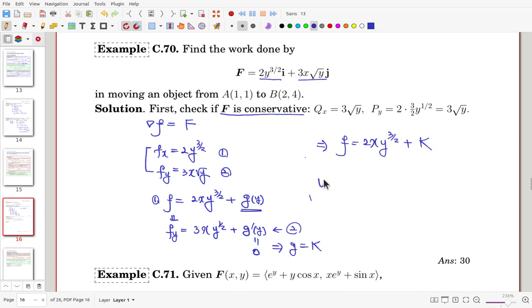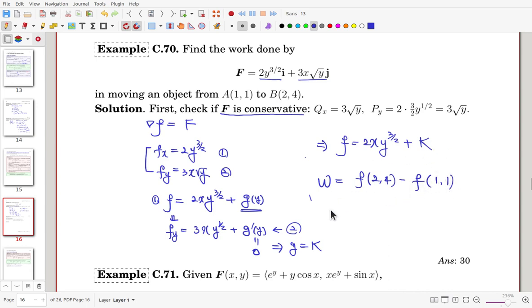So the work is a line integral, which can be found from the potential. Now, the endpoint is (2, 4), and the beginning point is (1, 1).